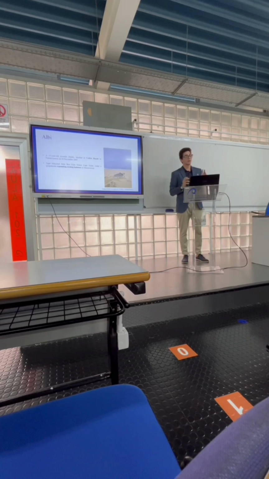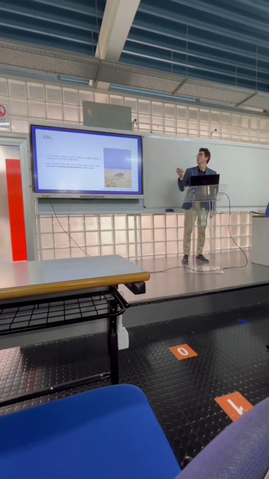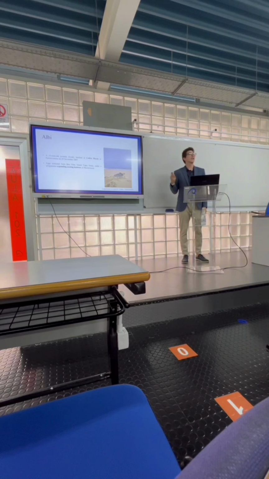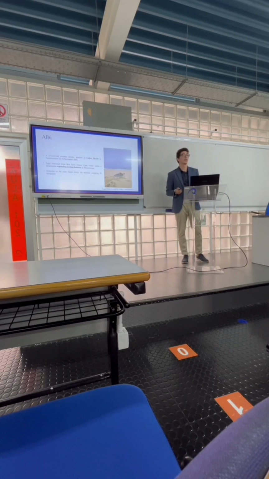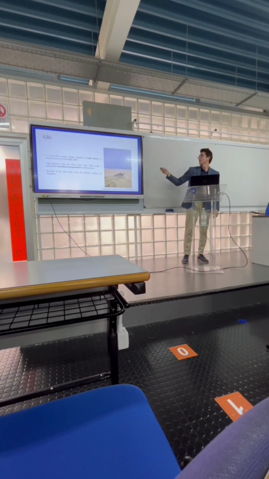This is part of a project of expanding the nesting areas of loggerhead sea turtles in Macaronesia, made by the governments of Cape Verde and the Canary Islands together. And this turtle was released on the same beach where it hatched, Cofete Beach, weighing 72 kilograms.